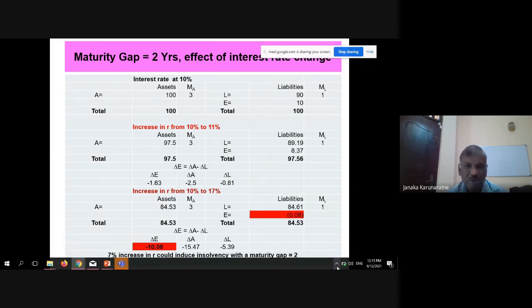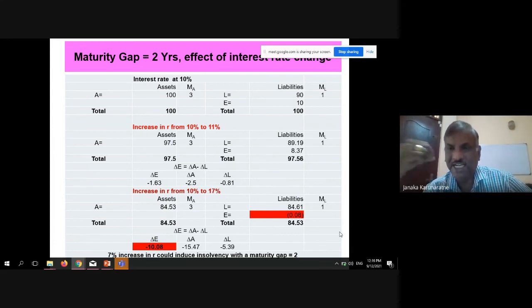Whatever the loss has resulted, there is a wiping off of equity. We started with a positive 10, and negative 0.08 means the equity has lost by 10.08. So theoretically, what does this sort of scenario mean?